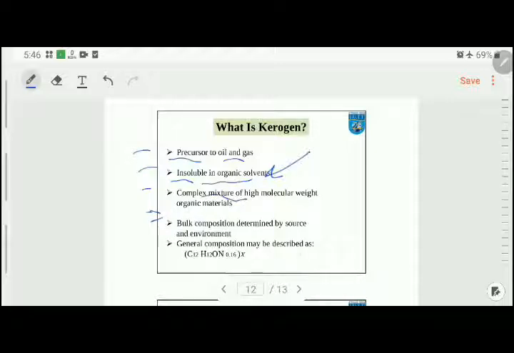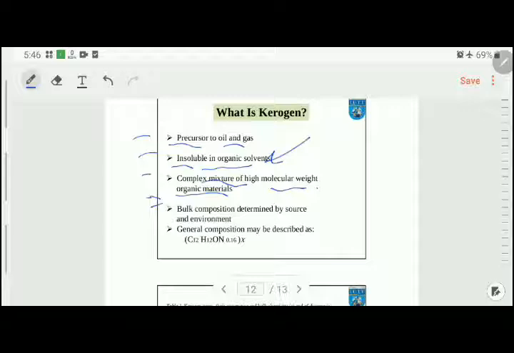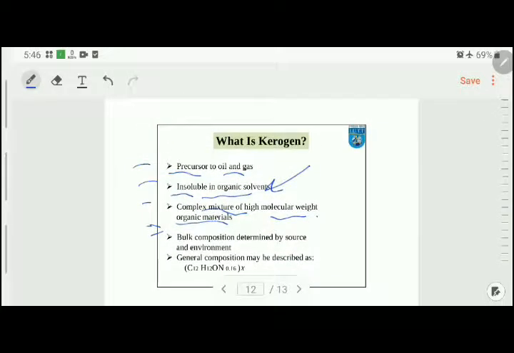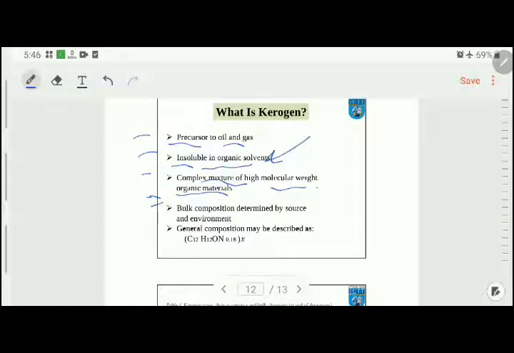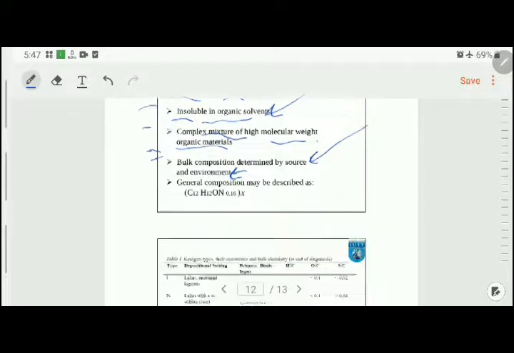It's a complex mixture of high molecular weight organic materials. The bulk composition is determined by its source and environment, meaning the source it originally came from or the environment in which it began to transform or form.